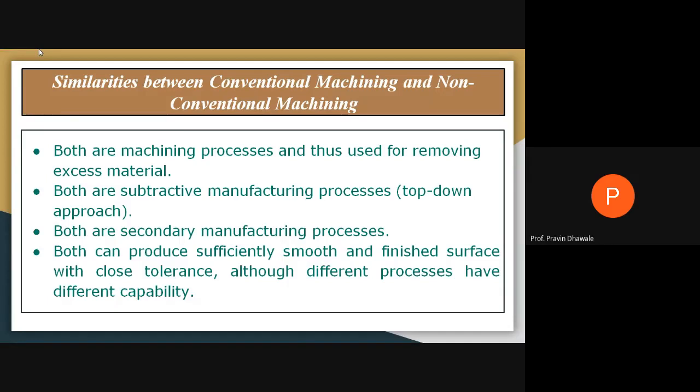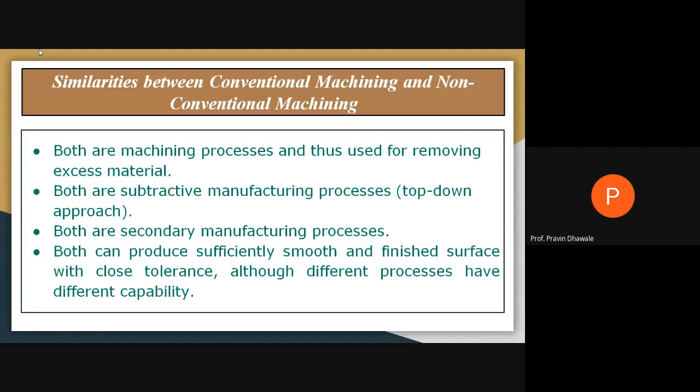So non-conventional and conventional machining are two processes having the same purpose, that is, removing the excess material from the workpiece so that we can achieve the desired size and shape of an object or workpiece.